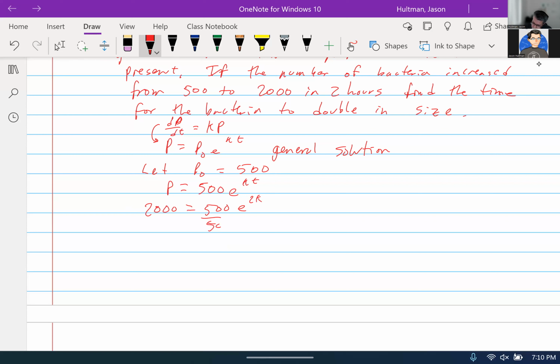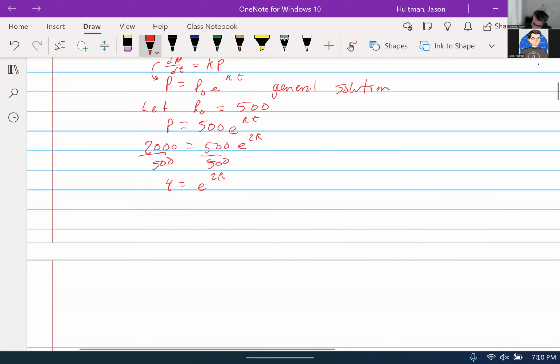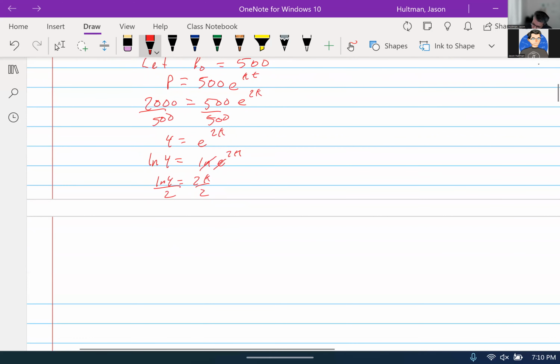Let's divide by 500. We get 4 is equal to e to the 2k. Then let's take the natural log of both sides. The natural log of 4 is equal to the natural log of e to the 2k. That cancels, so the natural log of 4 is equal to 2k. Divide by 2, and we get k equal to the natural log of 4 over 2.